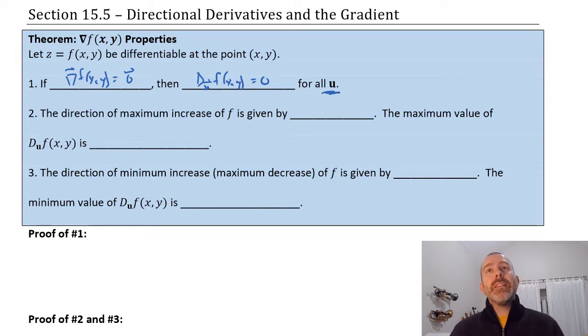Think about that. How could the slope be 0 in every direction? Well, that's like at a peak of a mountain or at the bottom of a bowl or something.